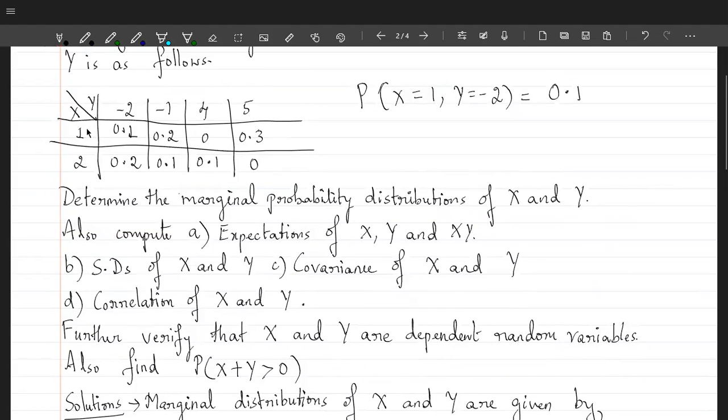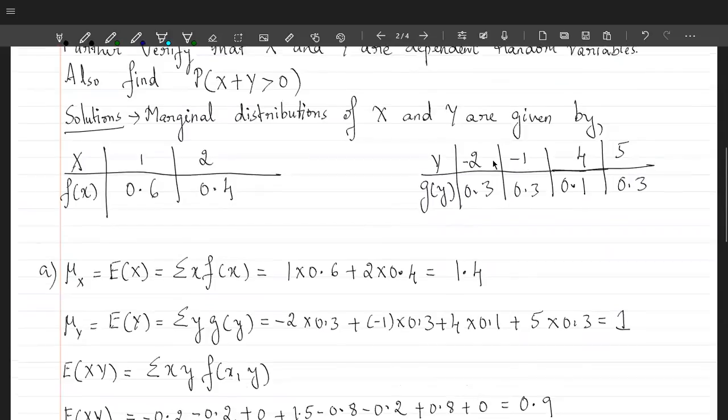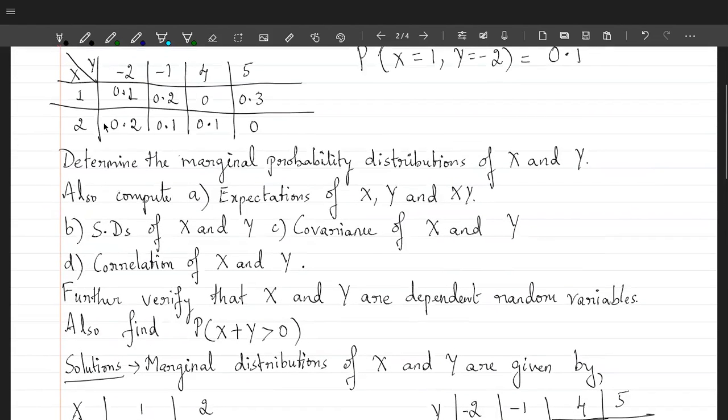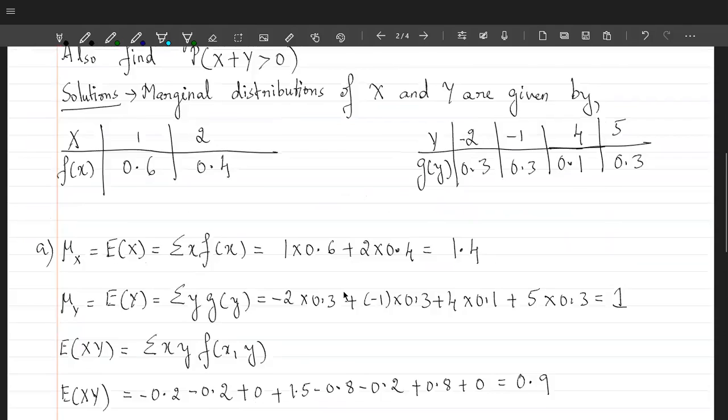So here, when x takes the value 1 and y takes the value minus 2, the corresponding probability is 0.1. How do you calculate that? You get 1 into minus 2, that is minus 2 into 0.1. So the first entry here will be minus 0.2.